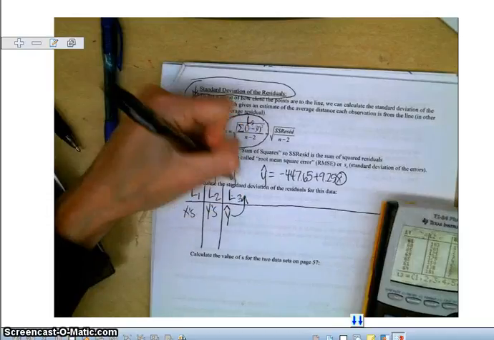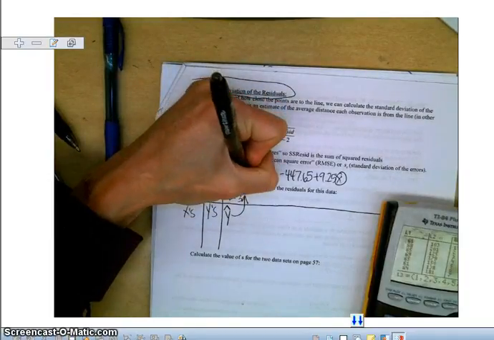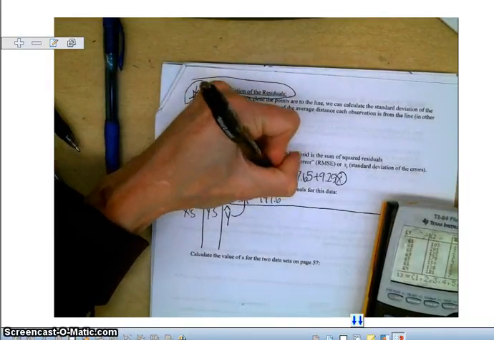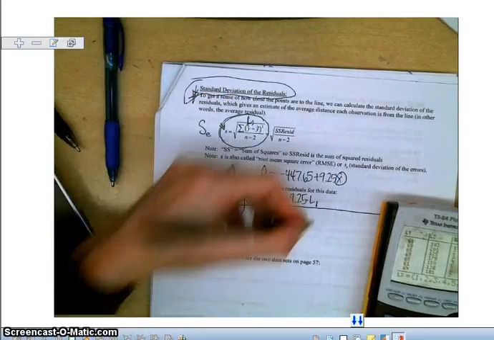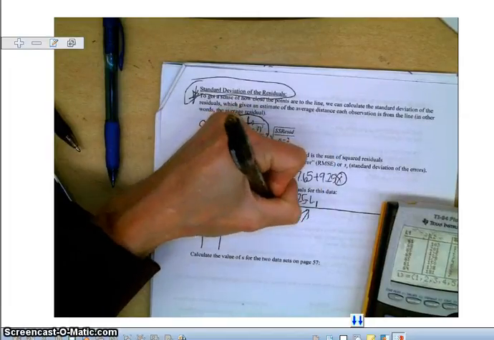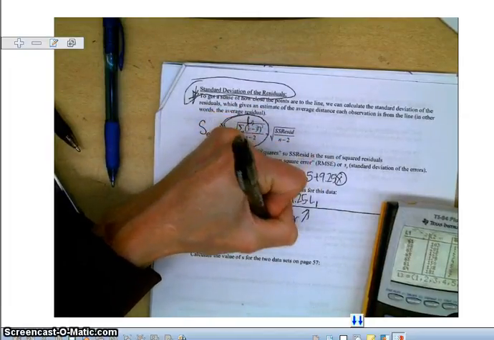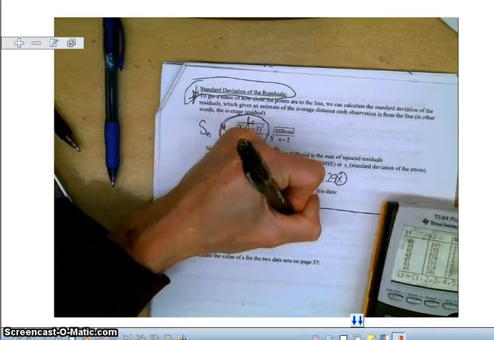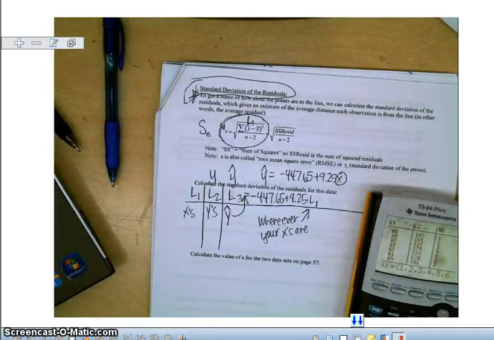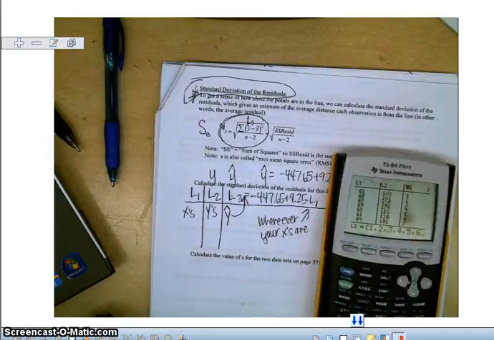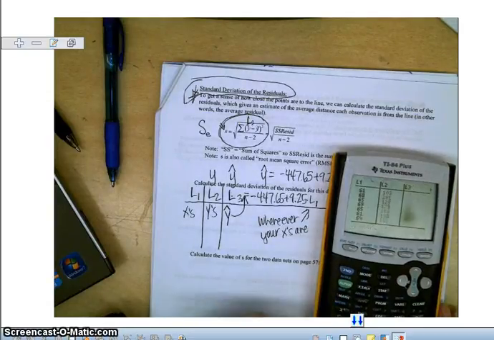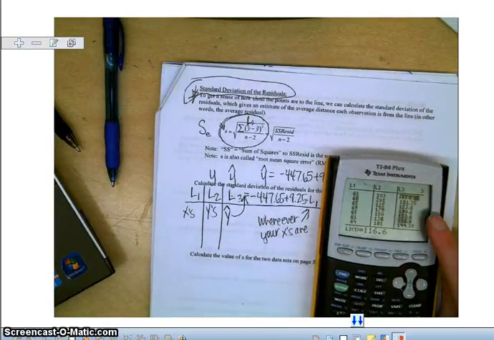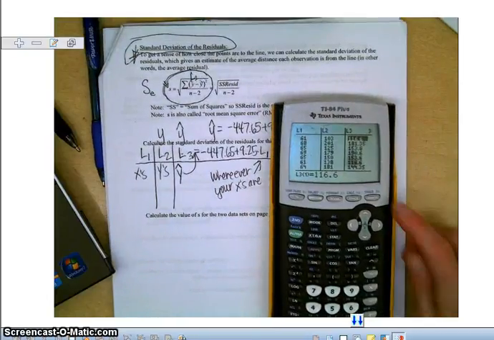So what we're going to type in the heading of list 3 is list 3 equals negative 447.65 plus 9.25 times list 1, or wherever your x's are, whatever list they're in. And then hit enter. And it automatically calculates all of those values and puts them in there for you.